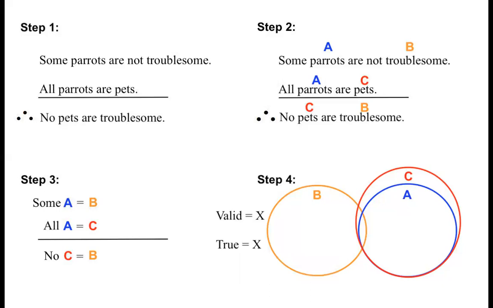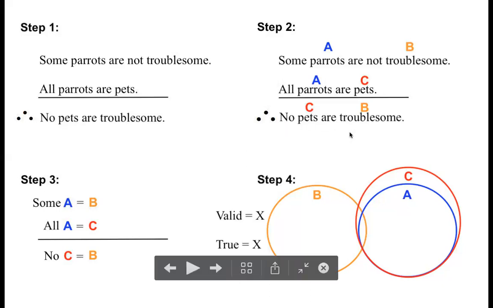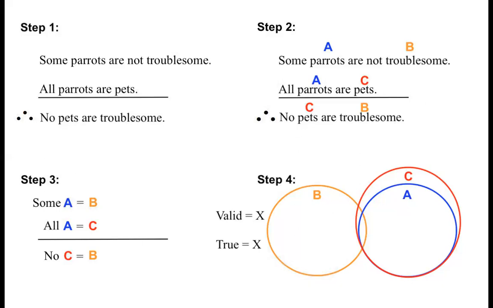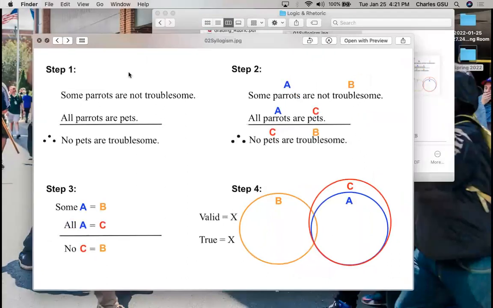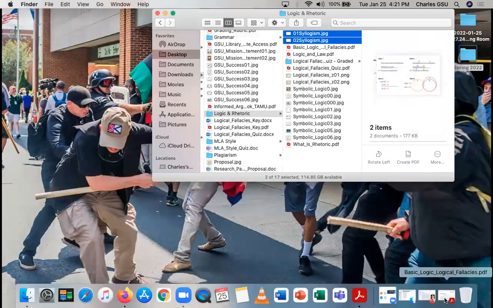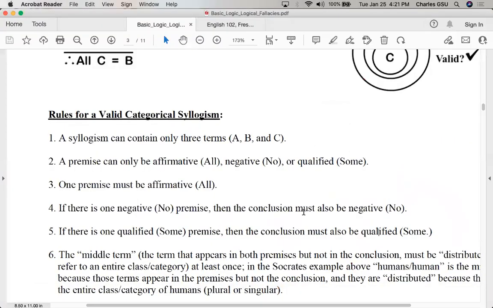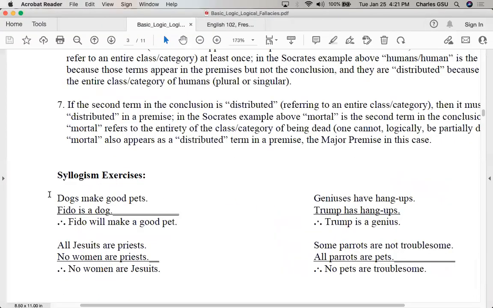And it's also certainly not true that no pets are troublesome. Of course, many pets are troublesome. So yeah, pretty simple way to do categorical syllogisms. You guys can take a stab at these over here on the left-hand side, dogs and Fido and Jesuits and priests.